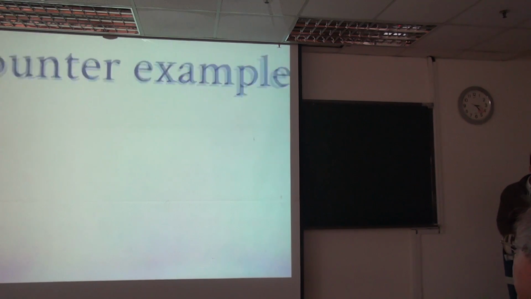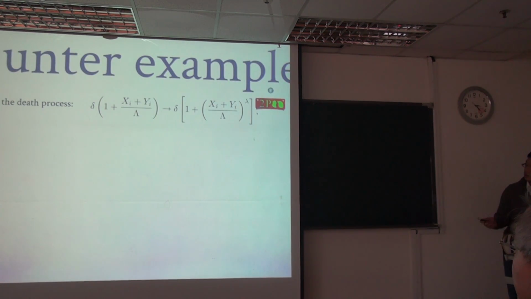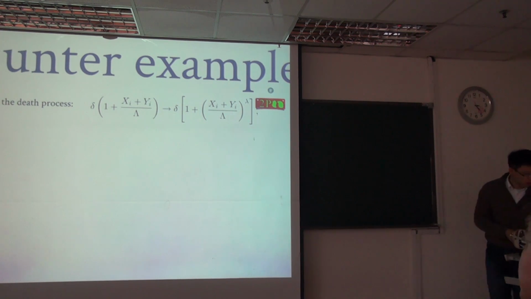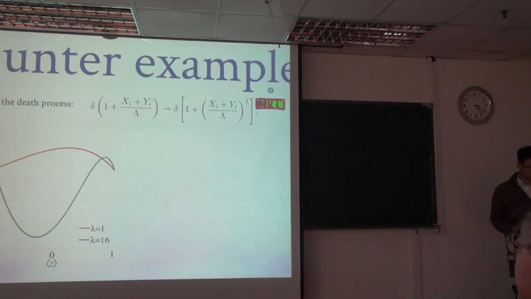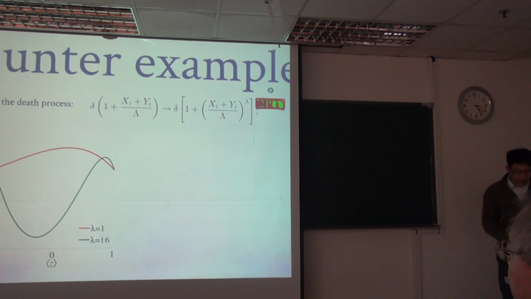We actually can show a counterexample: by changing the death rate from this form to the other form, which people use to model real systems, and when this lambda is large enough, you can see that the velocity field is flipped. Originally it is trying to drive the system toward the right, but when lambda is large enough, in the majority of the domain they drive the system toward the left.